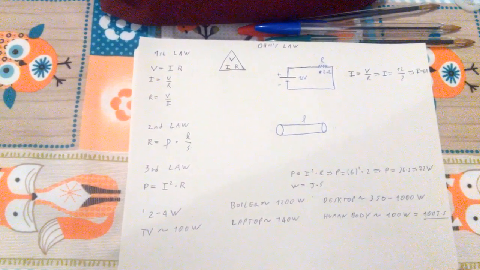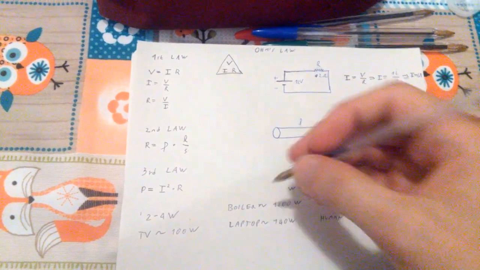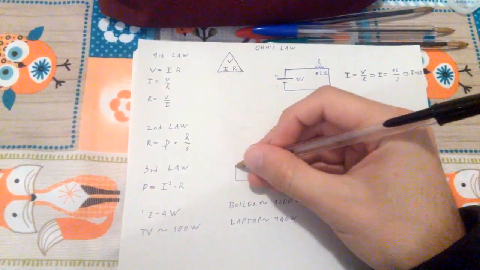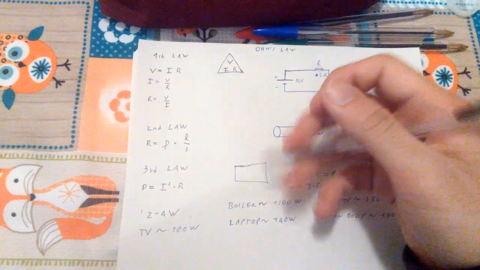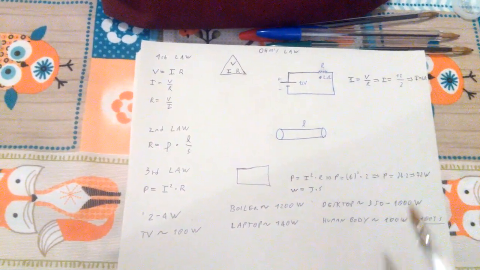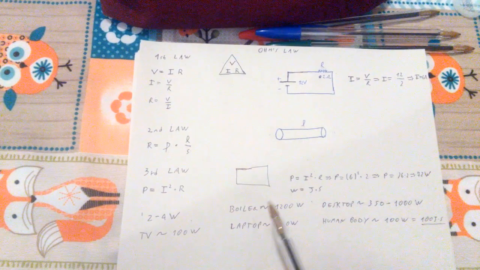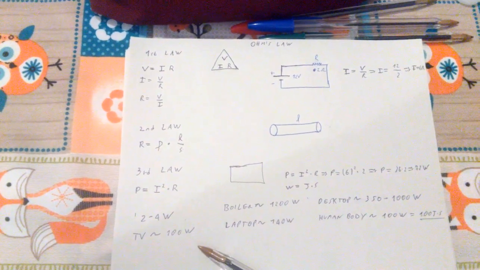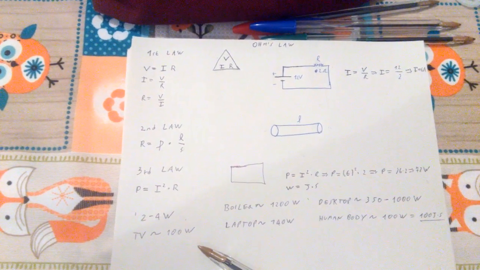So yeah, I know what you're talking about. If you see something where they mention the voltage, the watts, and so on, then you know what they're talking about. So yeah, that's pretty much it for Ohm's law, and see you next time.